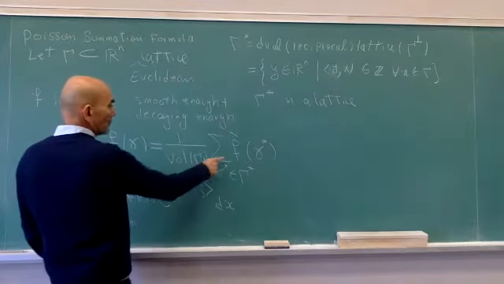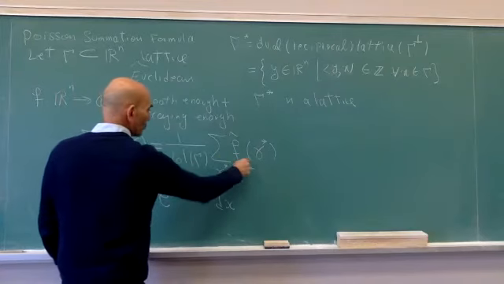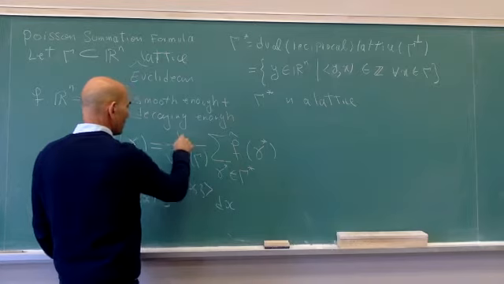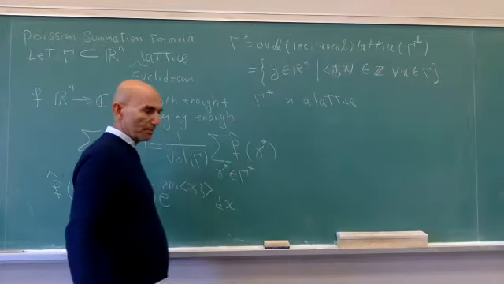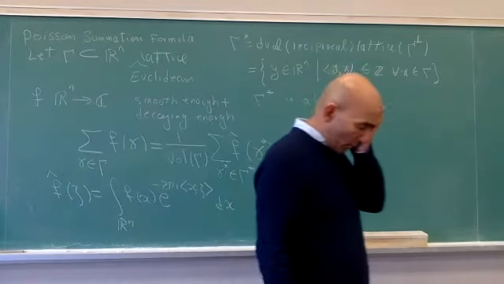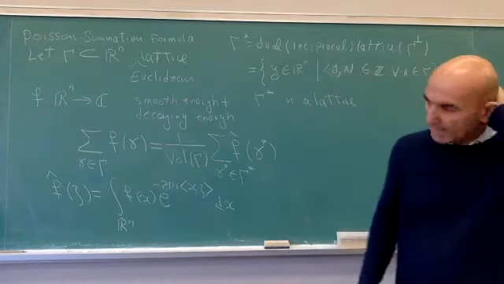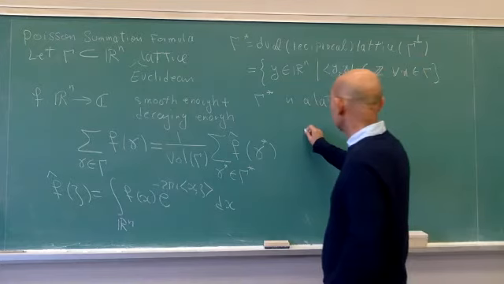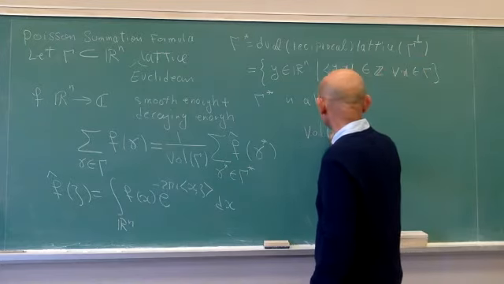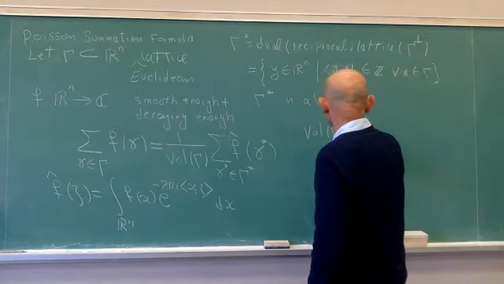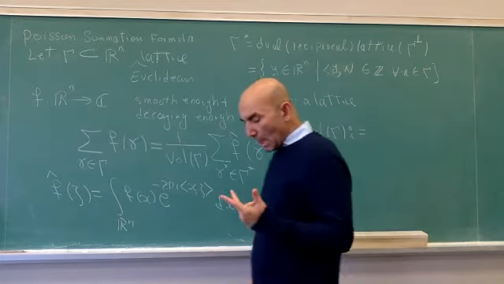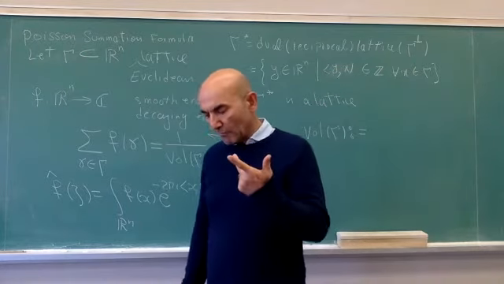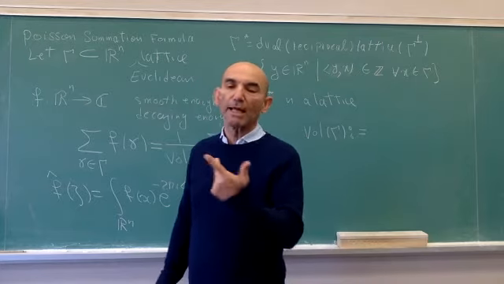And that's what we are using to write down the right-hand side, except for 1 over volume of gamma. Now, what is the volume of a lattice? The volume of this lattice, in general, is the volume of any system of any kind of basis for the lattice.